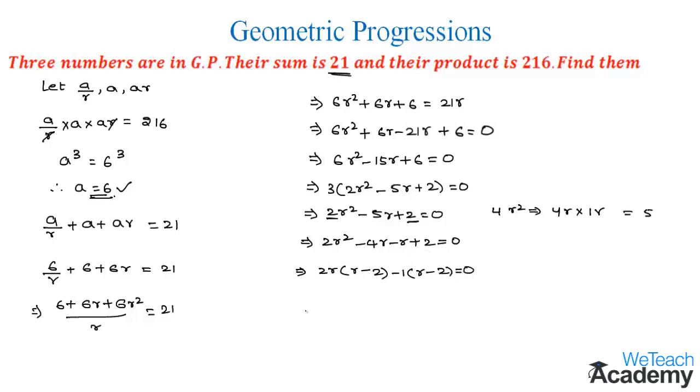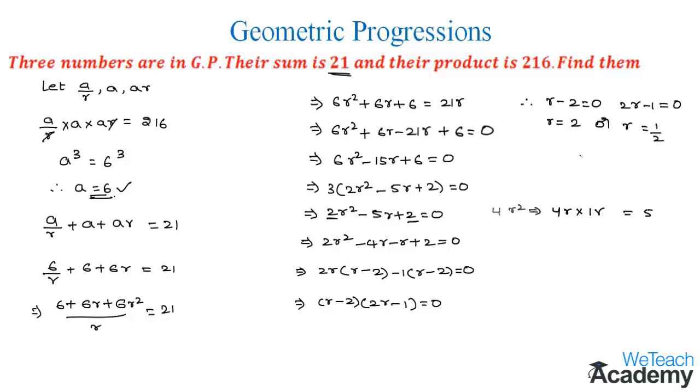Again let us take r minus 2 as a common factor from the whole equation. So we get r minus 2 into 2r minus 1 is equal to 0. Therefore r minus 2 is equal to 0, or 2r minus 1 is equal to 0. By this we get the r value as 2, or 1/2.